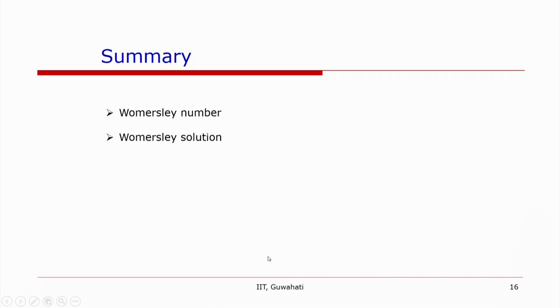Because its solution contains Bessel functions, we also looked at the Bessel function of the first kind and its properties. And we briefly discussed pulsatile flow and turbulence, that is, whether the flow is always turbulent when it is pulsatile or not. So, with that we will end this lecture.